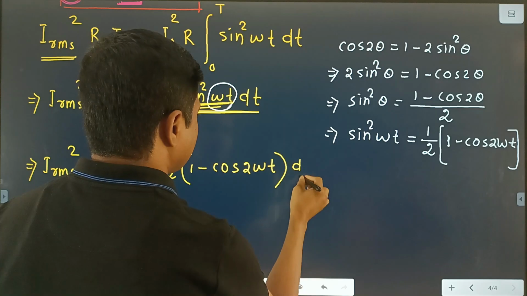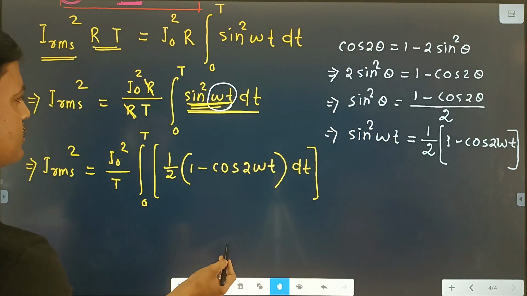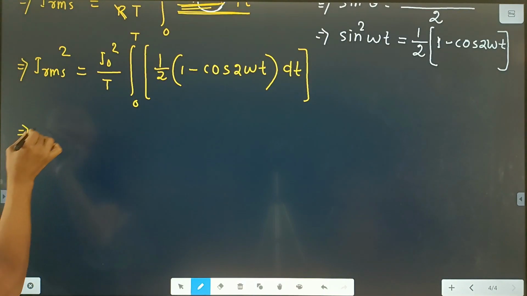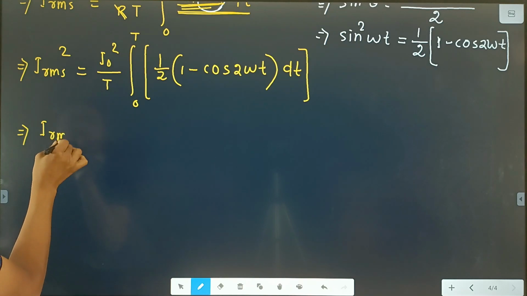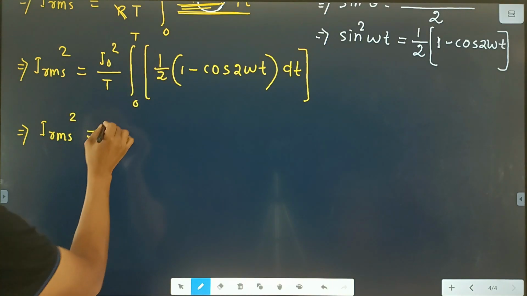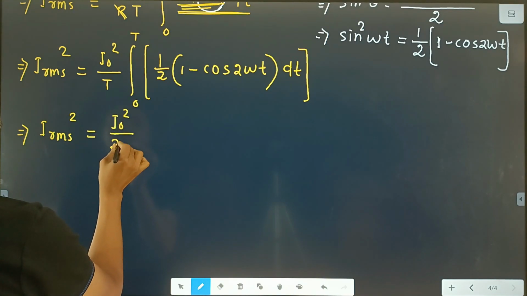Clear? If we solve this equation, IRMS square is equal to, we take half outside, I0 square divided by twice of T.